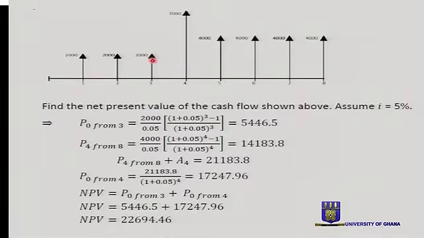And so I'll take all these and bring it to period 0 using the shortcut formula that I just introduced you to. I keep it there and wait for the others to join.